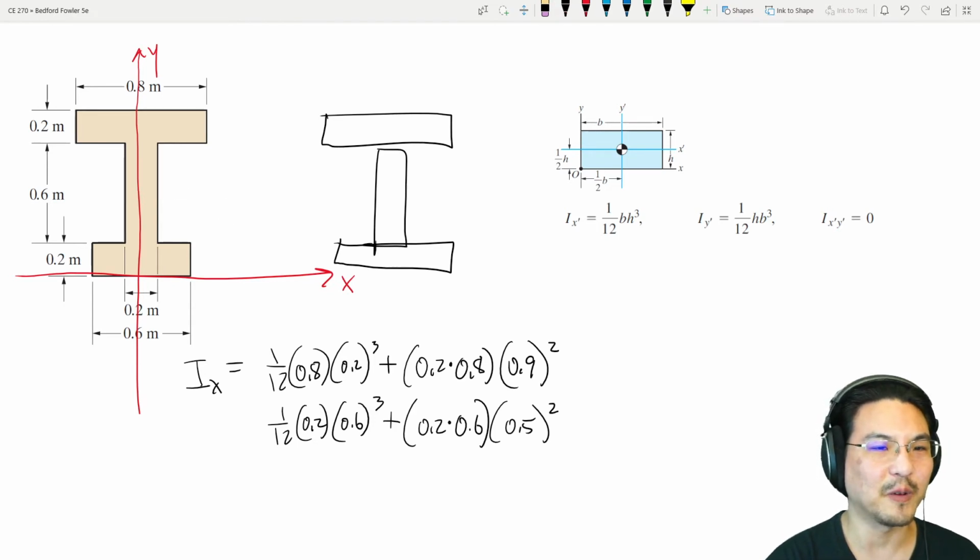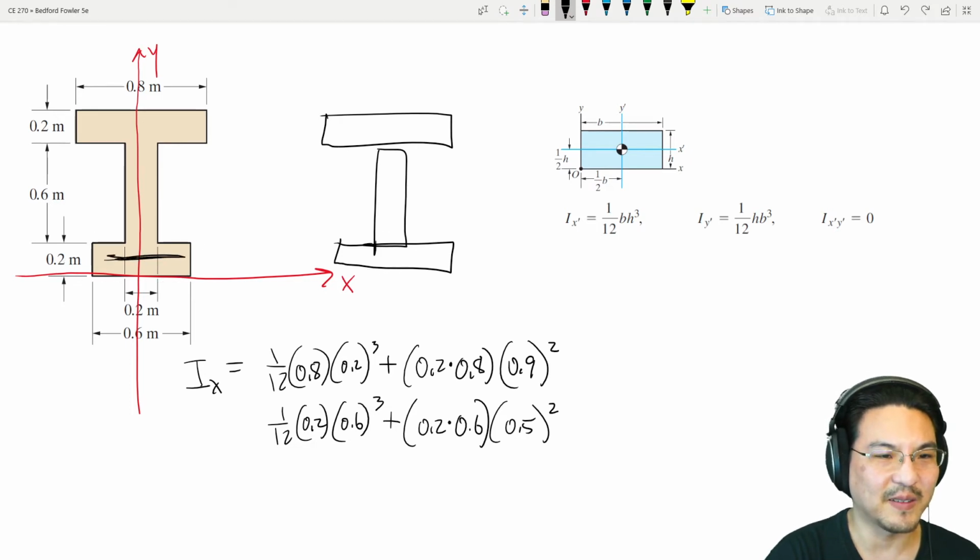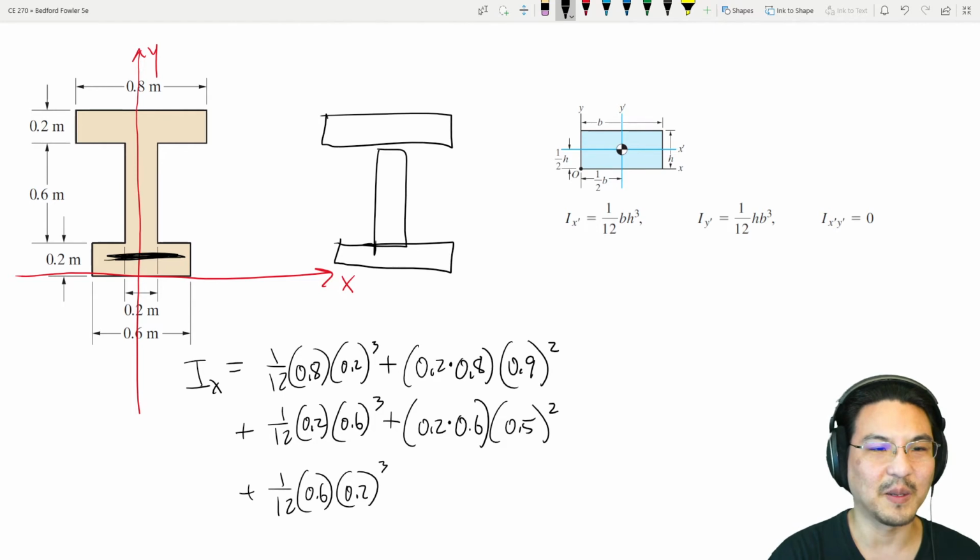Okay, now for the bottom rectangle, this one, the centroid is here. So from the appendix, 1/12 base height cubed. The base is 0.6, height is 0.2, and then parallel axis theorem, we need to move this far.